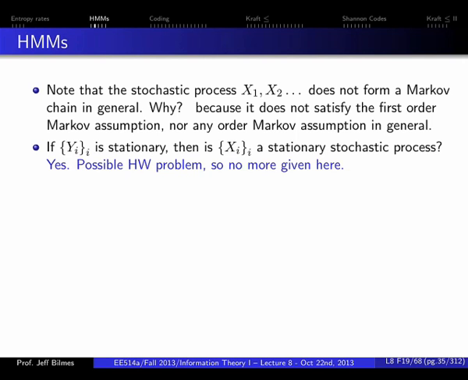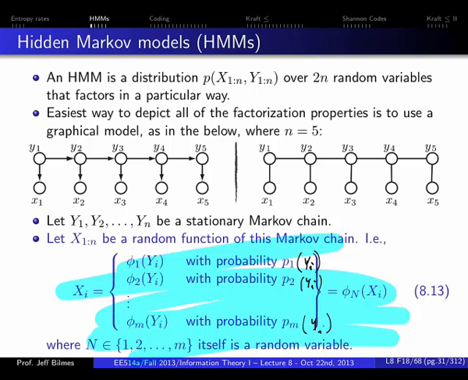And remember that the functions down here, while they can depend on y, don't depend on t. They don't depend on what time you're at. So it's not time inhomogeneous. Everything's still time homogeneous.